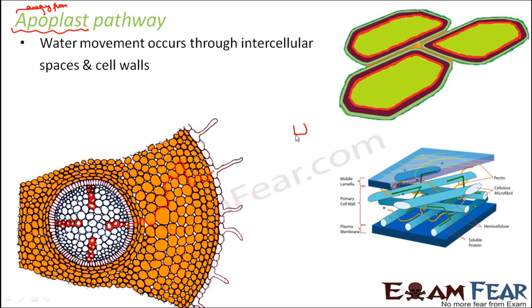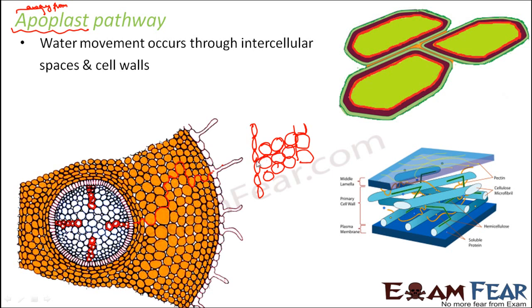So let us suppose this is what it means. So the water, suppose these are the cells, and let us suppose from here the endodermis starts, right? So this is how water will move, just through the walls.